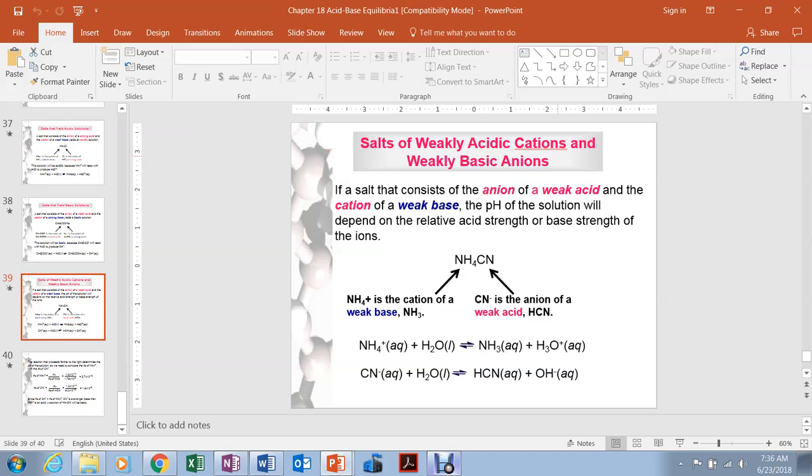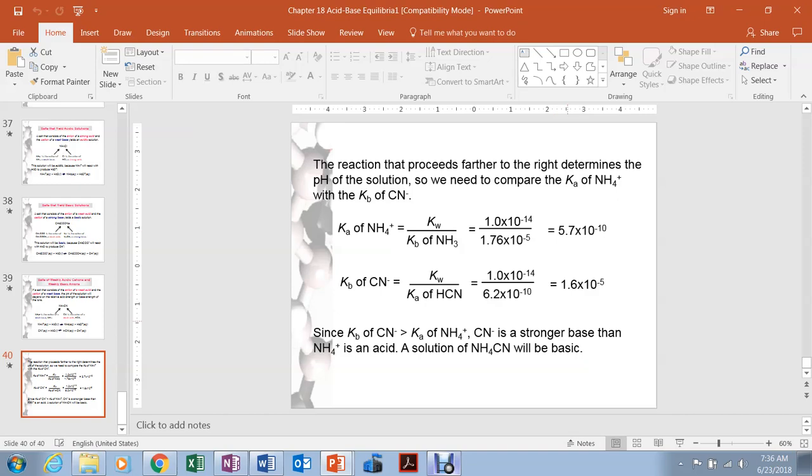Salts of weakly acidic cations and weakly basic anions produce a weakly acidic cation or a weakly basic anion, but it's going to depend. You see, if both are weak, it's going to depend on the Ka and Kb of each one.